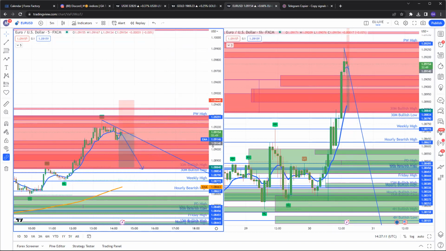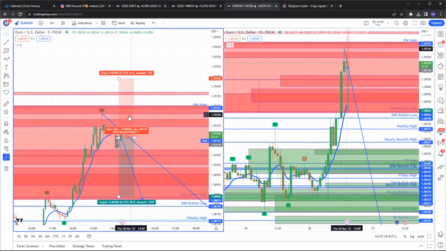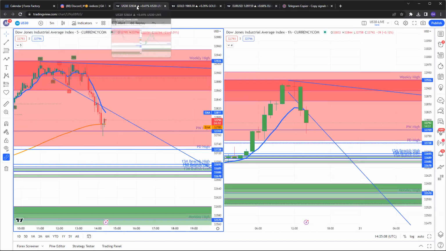So for me, this is the most optimal sell we are at around this zone, unless we get a break above and then another break below the 9 EMA around maybe this zone or this zone. But for right now, this EU sell makes sense for me.